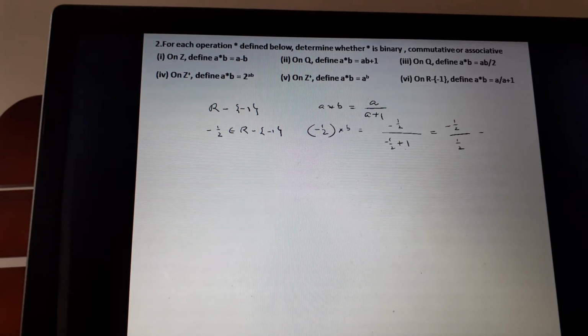So what happens? It is minus 1. But now where is minus 1? By definition this does not contain minus 1. So it cannot be binary.